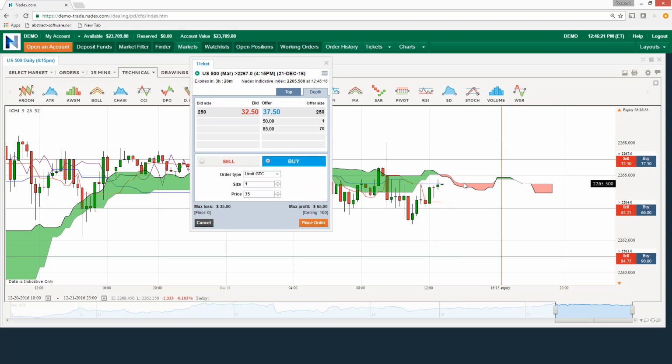And on a day like today when the cloud is very thin, that's just asking to get chopped up, right? That's just asking for a choppy trade setup that probably isn't going to hold up very well in the futures market. But because binary options allow me to get a good reward to risk ratio on a small move like this, this is a much better way to approach this trade setup, right?